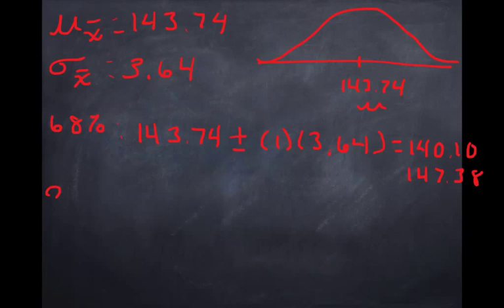Next, let's find the 95%. Here you're going to take the mean weight, 143.74, plus or minus. 95% is 2 standard deviations, and so 2 times your standard deviation, 3.64. And so you're also going to add and subtract.